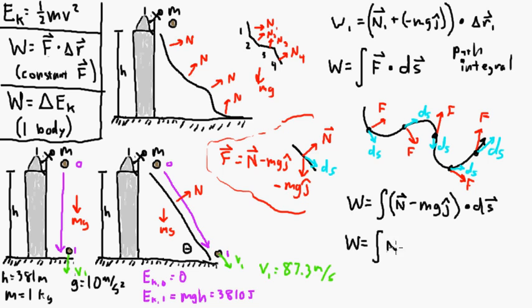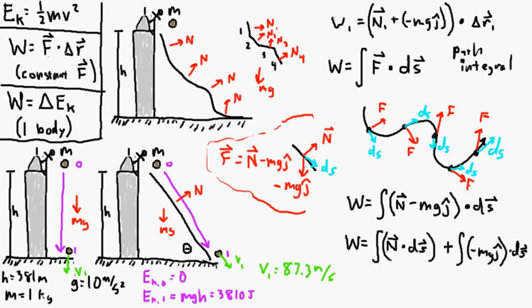So this is integral of normal dot ds, plus integral of negative mg j hat dot ds. So here are my two integrals because I've taken this thing and distributed it now. This is the last time I'm going to do this, well, I might write one more, but it'll be fine, trust me.